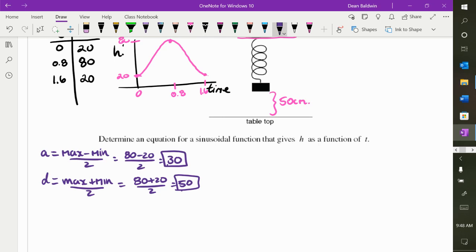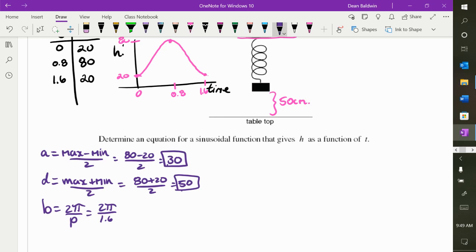All right, what's the period? I'm just going to leave it as 2 pi over 1.6.